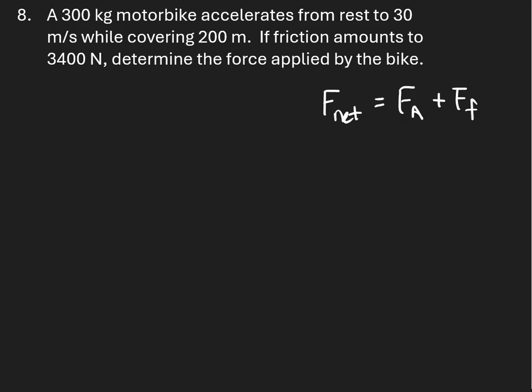So my first step that I'm going to do here is I've got to find that acceleration. I might want to actually write step 1 on here, just to remind myself what I'm doing. I'm going to find the accel. Let's go for it. Okay, so to find the acceleration, let's use a little bit of kinematics, right? We know the motorbike accelerates from rest, so we know our initial velocity is 0.